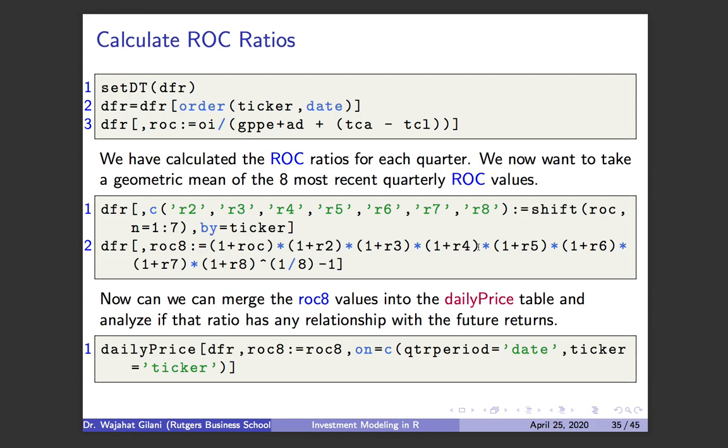From here, I'm going to move my ROC8 over to my daily price so we can do some more graphing and talk about it a little more. So I'm going to move my ROC8 over to my daily price, just like I did before.